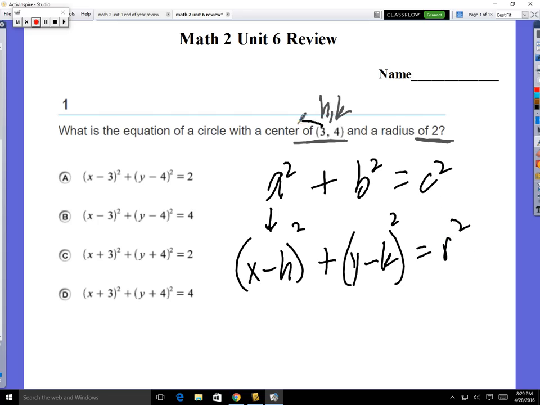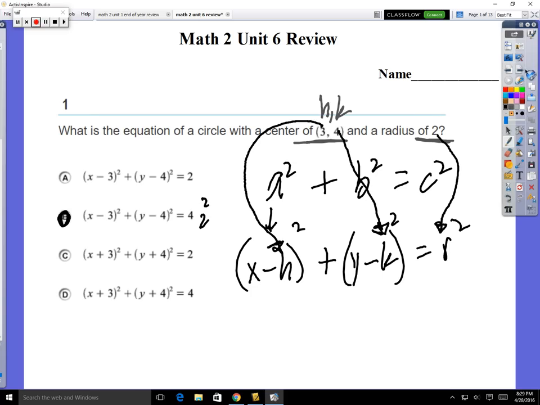So take the 3, drop it in place of the h, take the 4, drop it in place of the k, take the 2, drop it in place of the r, and that one matches up with b, because 4 is really 2 squared.